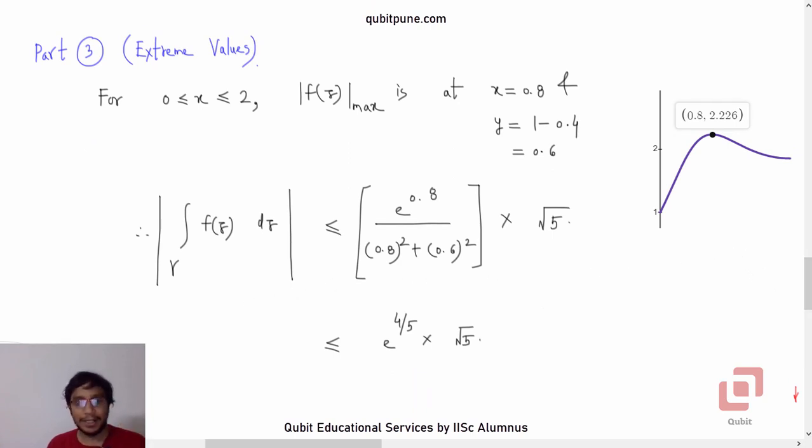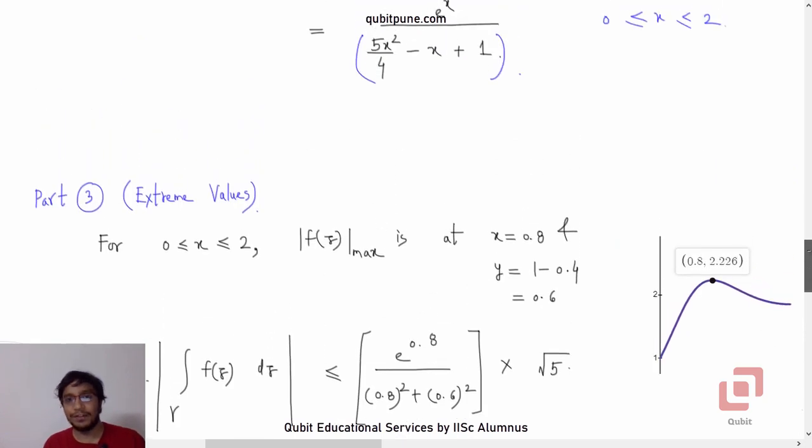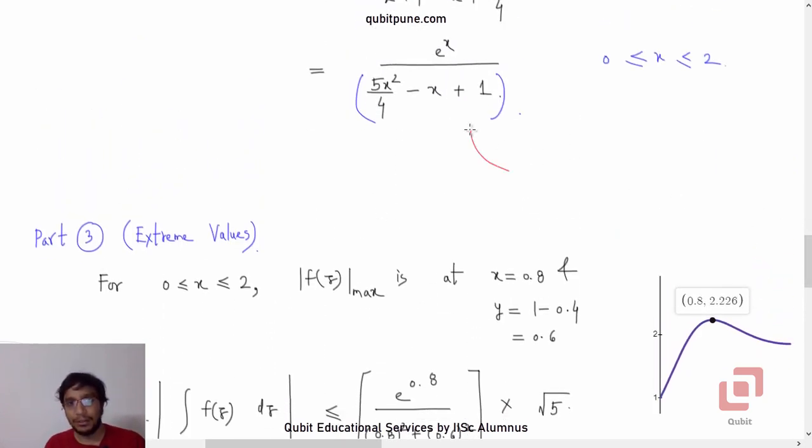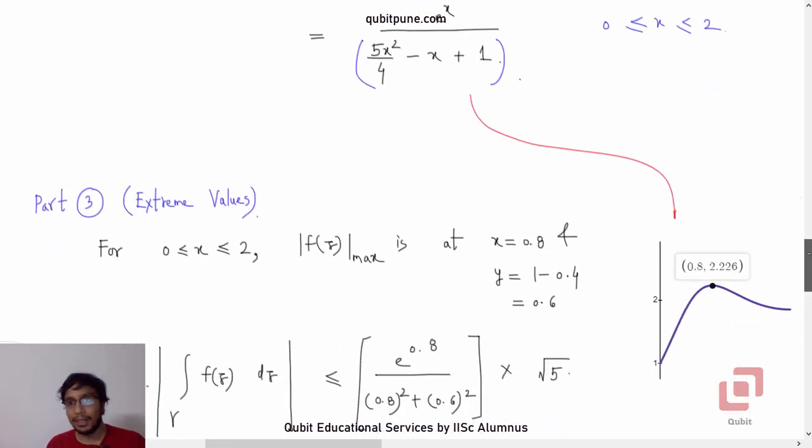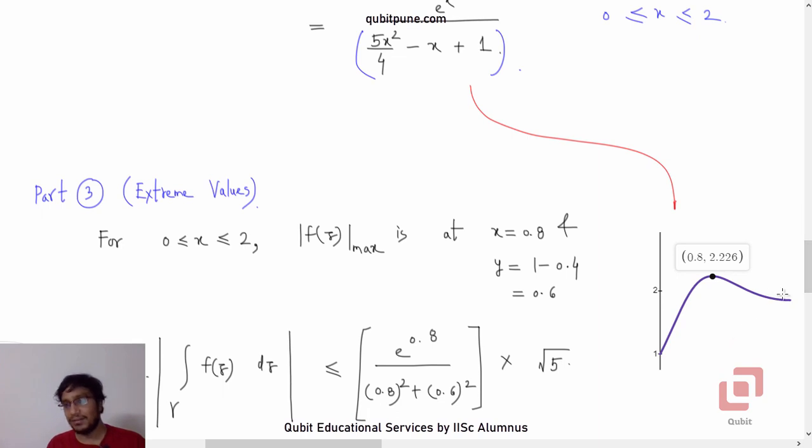I've already done that for you, and this is the graph of the function e to the power x upon x squared plus the square of 1 minus x by 2. This graph is for the values of x which lie between 0 and 2.